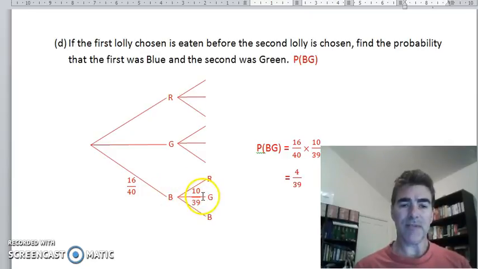So there are still 10 green ones left, but now there's only 39 lollies left in the container. So make sure that we've got 10 over 39, and the probability of blue, green, multiply it along the branches there. Right, 16 on 40 times 10 on 39. Put it in your calculator, and your calculator will simplify all of that for you to 4 over 39.